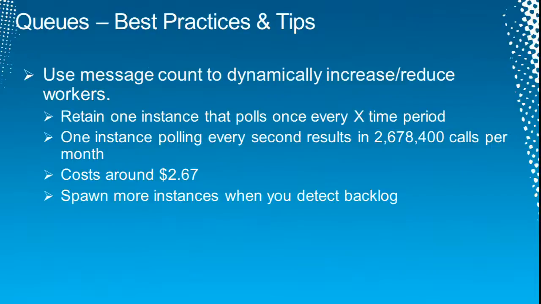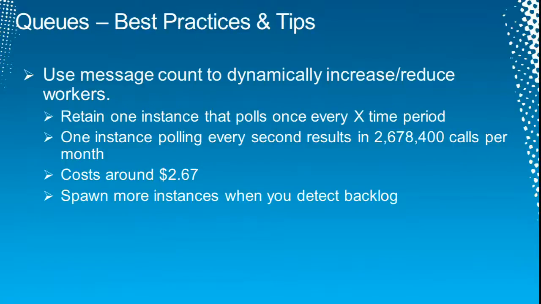Use message count to dynamically increase or reduce the worker roles that are processing it. We get this frequently, saying it's really expensive: my 30 workers are polling my queue every second, and it's getting expensive. What we suggest is use one worker. Poll it every second.